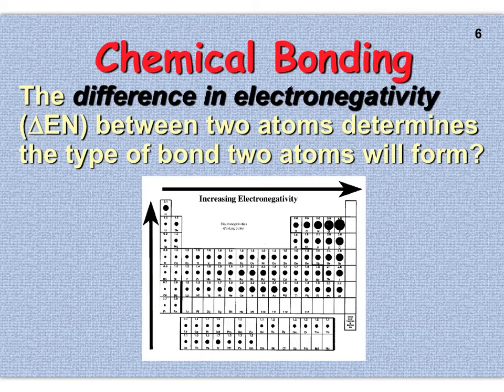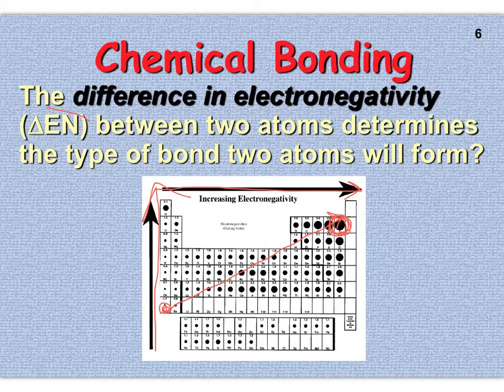So to remind you about electronegativity, if you've gotten a little bit rusty, electronegativity increases as we move left to right across a period, and also increases as we move up a group. And so a composite line for electronegativity goes diagonally toward fluorine, where fluorine is the most electronegative atom, and cesium down here is the least electronegative atom.